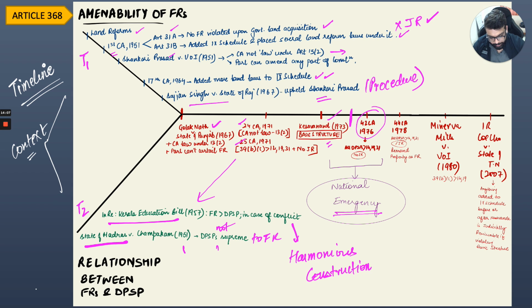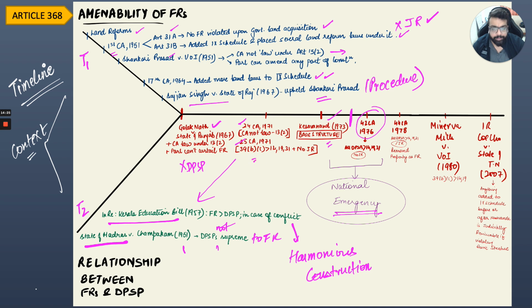Now, from here, it jumps up to Golaknath and the rest, where, of course, Golaknath had an implication because this meant that the fundamental rights were sacrosanct, and DPSPs also could not override fundamental rights, which further reinforced the judiciary's stand.